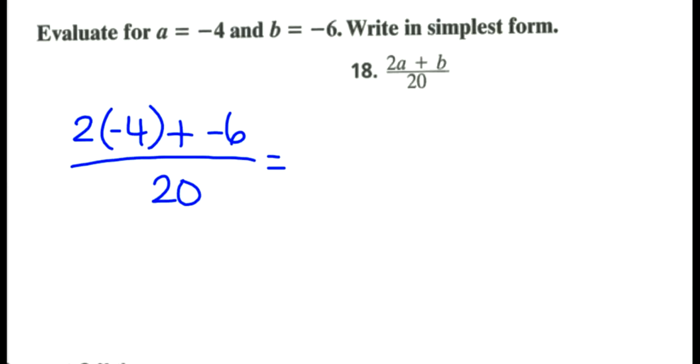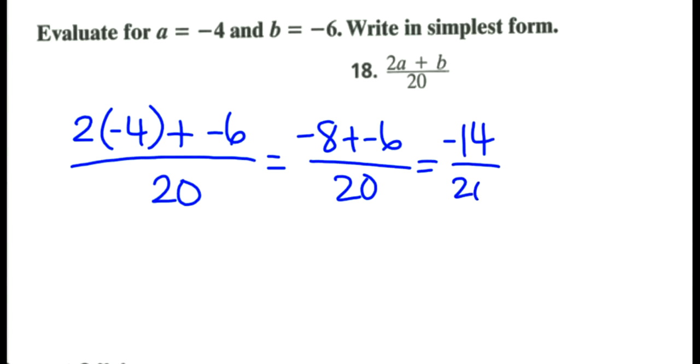So 2 times -4 is -8. -8 plus -6 is, they're going to join to get -14. I'm going to reduce this by dividing the numerator by 2 and the denominator by 2. I'm going to bring my negative out front, and I have 7/10. So I have -7/10.